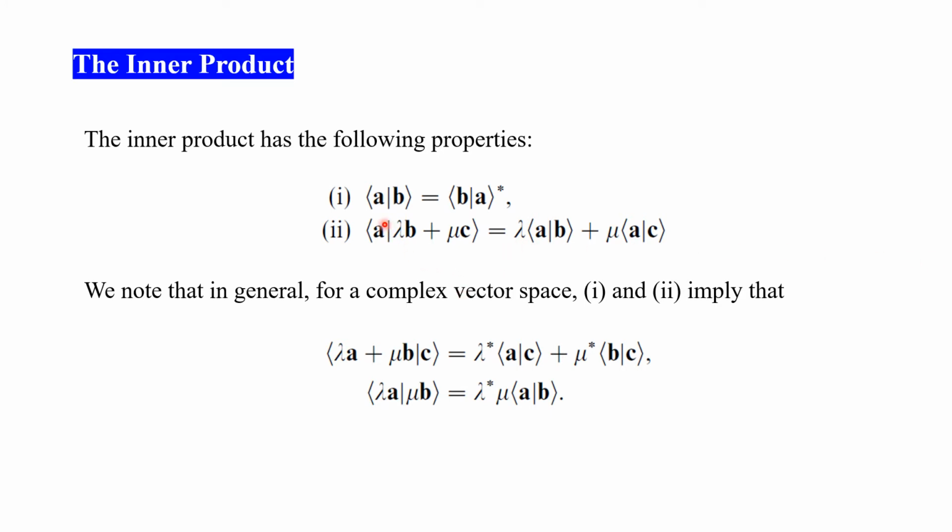You have bra A ket B is equal to the complex conjugate of bra B ket A. So you cannot just simply exchange your A and B. And if you have bra A ket lambda B plus mu C, that is equal to lambda bra A ket B plus mu bra A ket C.